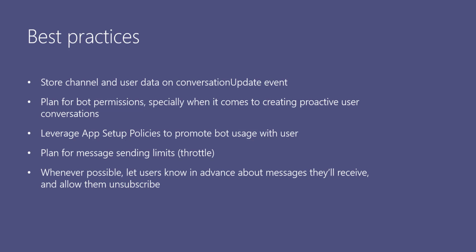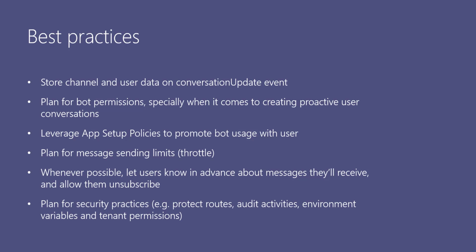And whenever possible, you should try not to spam, but let users know in advance that they will receive messages and even allow them to unsubscribe if applicable, so that your bot won't interrupt any working activities.